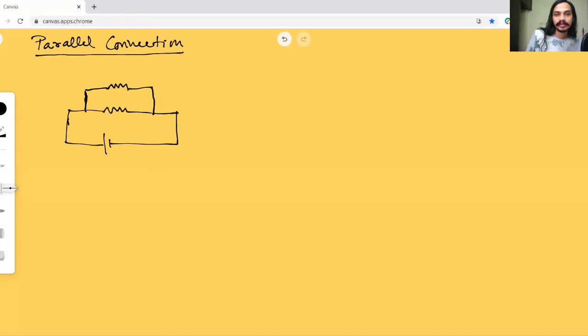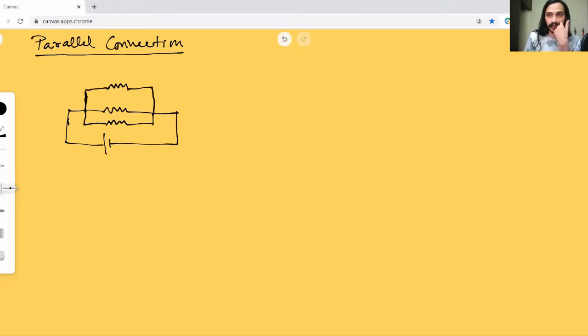Same way, let's say that I have one more like this. So basically at this point the conductor is splitting into three parts, each of them having their own resistances or loads, and they all connect back over here and continue to close the loop.